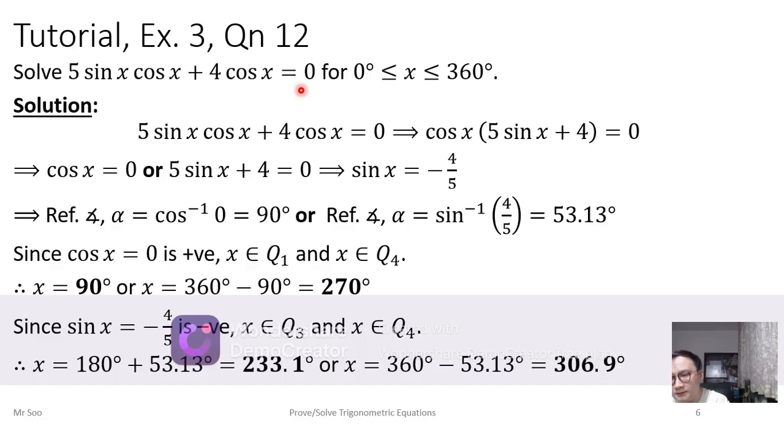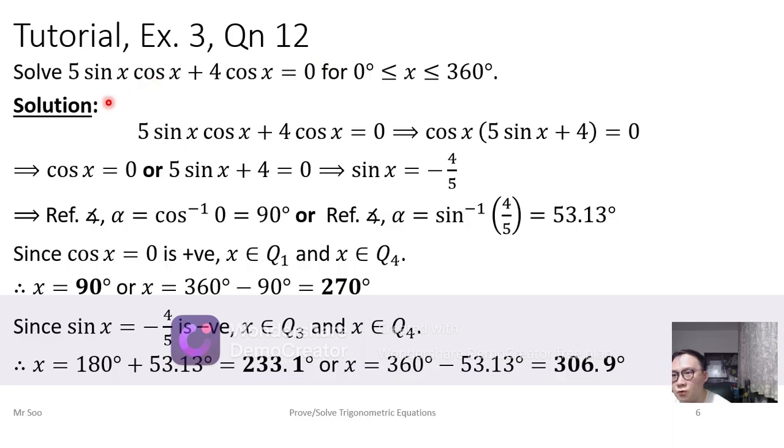Once you have done that, find your reference angle. Then deduce which underlying quadrant the actual angle lies in, and then find the actual angle. Once you finish the whole thing, don't forget to substitute back into your original expression. Make sure you get 0 on the right hand side.